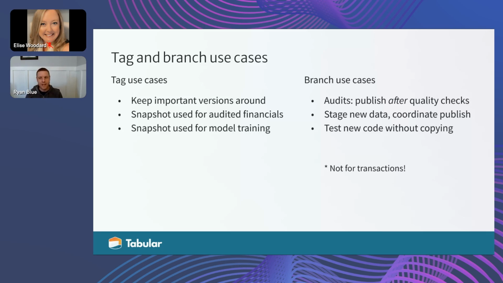And branching probably has more impactful use cases overall. So the first one that makes me really excited is this idea of inline or integrated auditing. So this is something that we did quite a bit at Netflix, where we would write to a table, but not actually update the current state of the table.